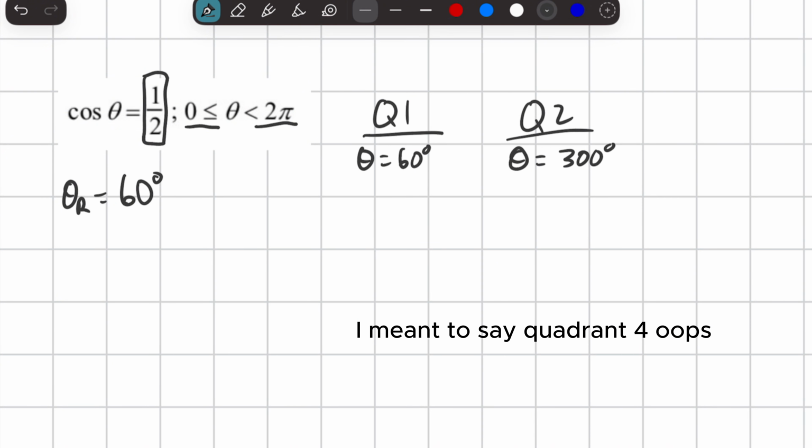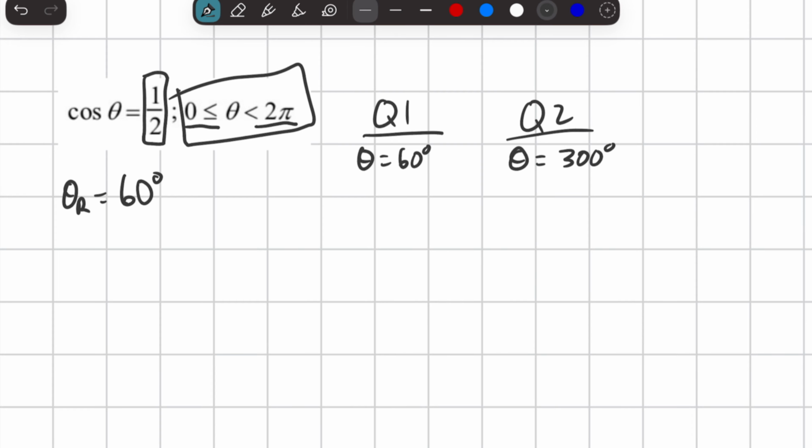And then you just want to put this into radians because our original is asking for radians. So for 60 degrees, the radians for that is pi over 3. And for 300, it is 5 pi over 3. So that should be the 2 answers that you get there.